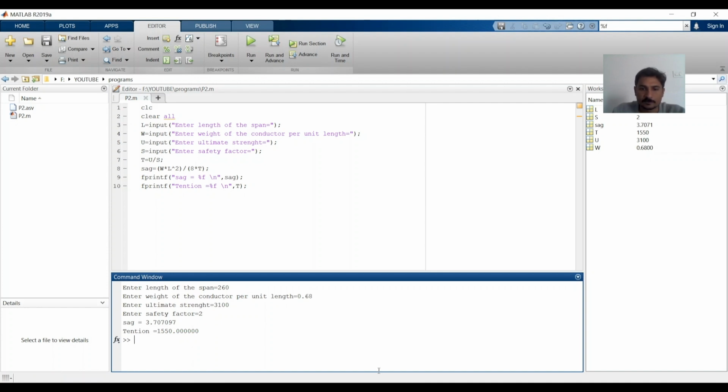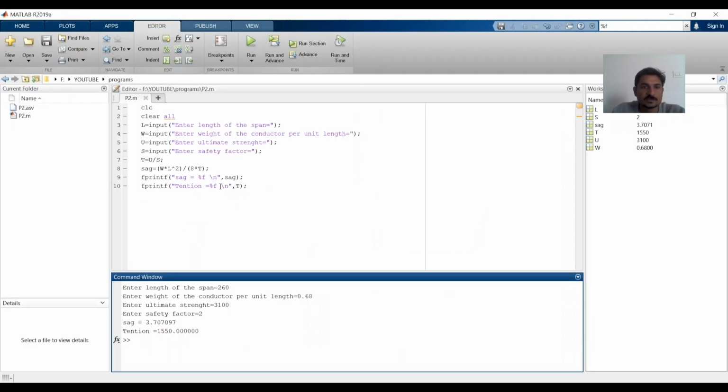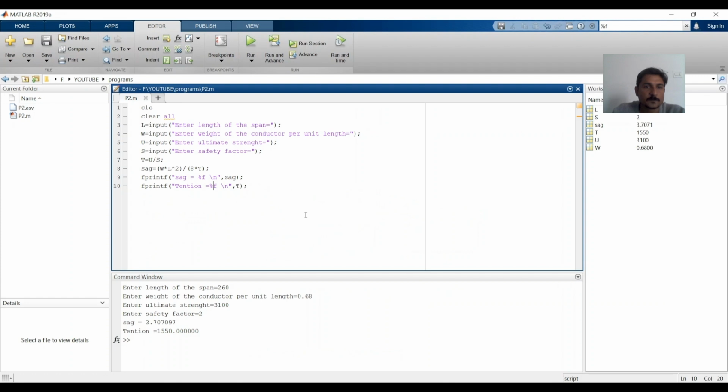If you don't want the decimal values, like in the output solution where we have sag as 3.7 meters and tension as 1550 kg, and you want only one decimal for sag, we can change the program as percentage, for sag, 1.1. After the decimal we need only one value to be printed. For tension we don't need any values after the decimal, so we can mark it as 1.0.